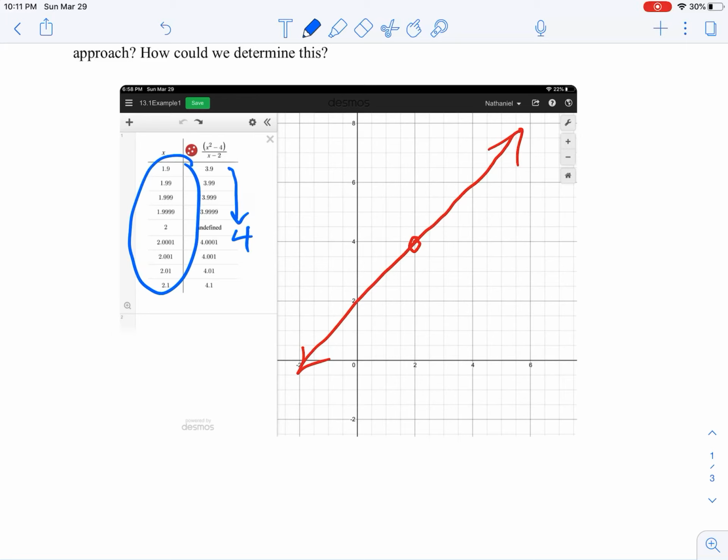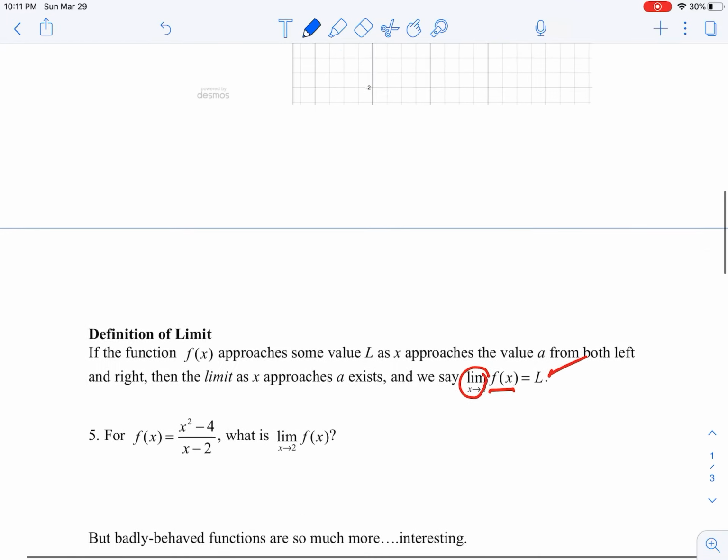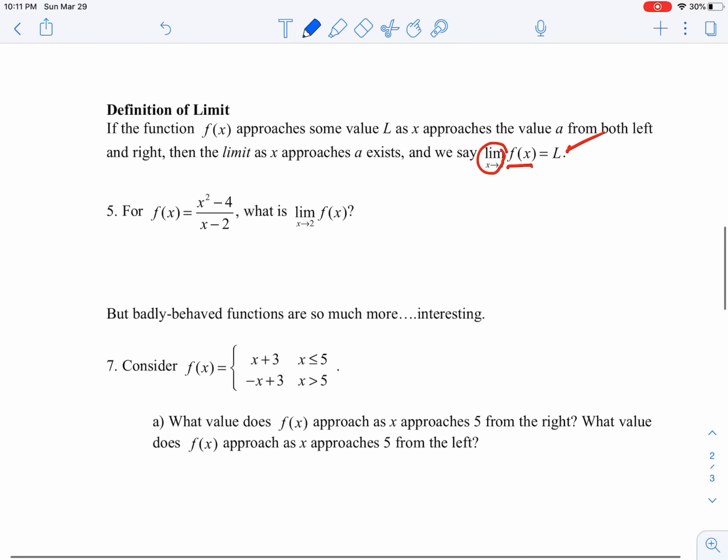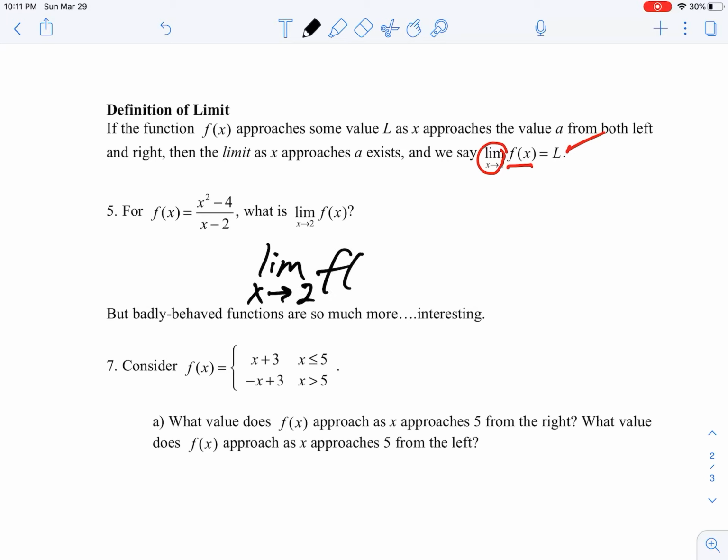And that's what's happening on the graph as well. So for this function, we would say that the limit as x approaches 2 of f of x is 4.